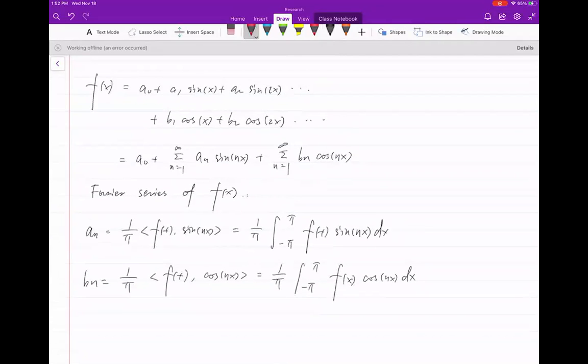If this is not 0, that means a_n is not 0. If a_n is not 0, that means you have the component sine nx inside, just as the probe idea we just did before.